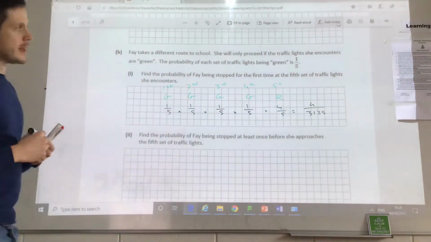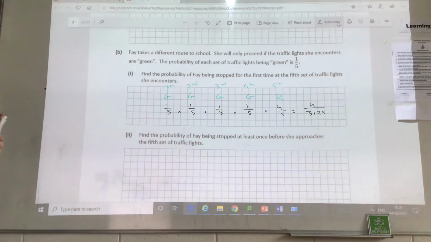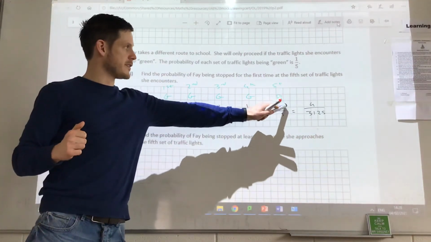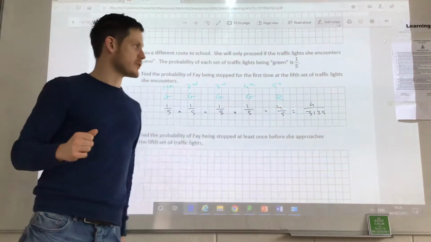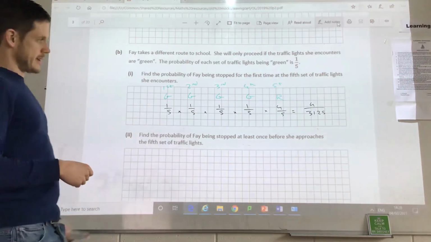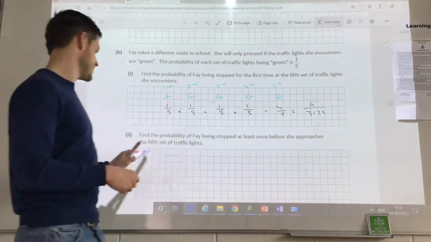So the probability of this here being stopped for the first time in the 5th set is 4 out of 3,125 scenarios.